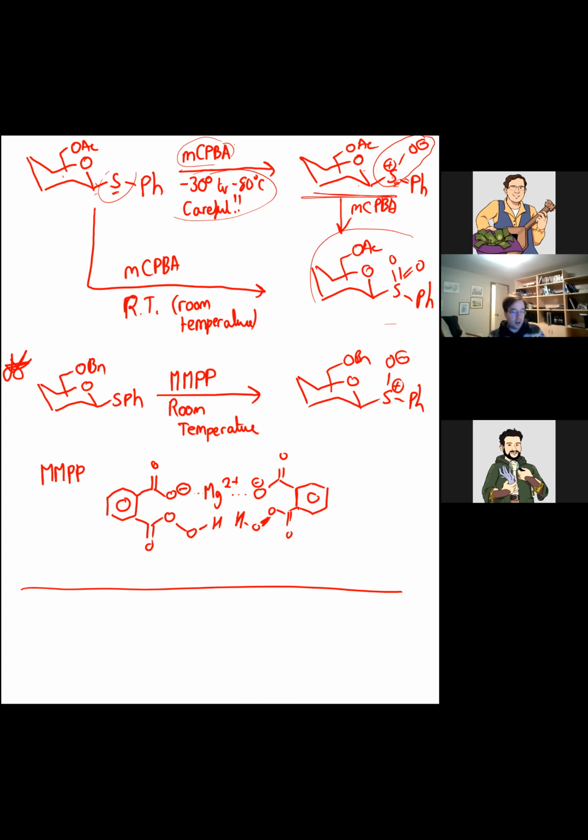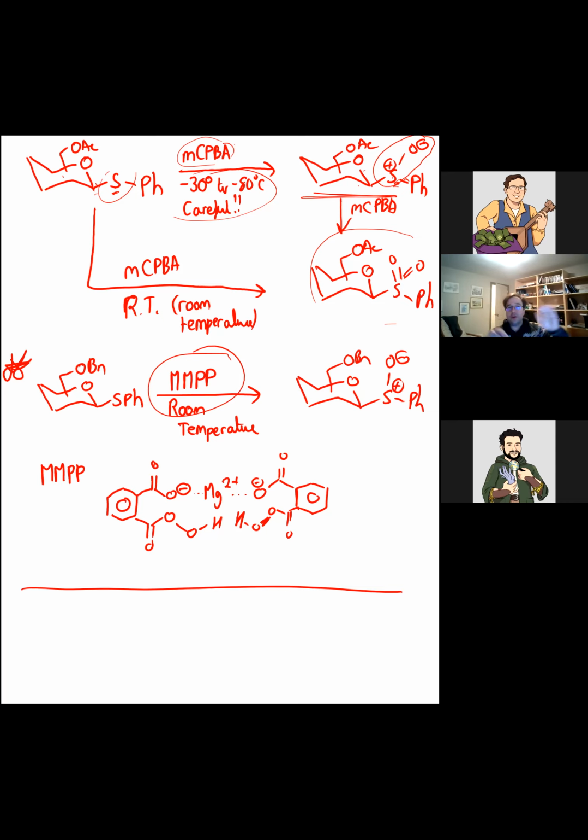So that's on the order of 2 to the 10 difference in reaction rate, which is quite significant. So it's probably really, really fast at minus 30. You start worrying about over-oxidation. At minus 80, the damn thing probably just crawls along really, really slowly. I've never actually done that because I've always used MMPP. Okay, thank you. If I'm using mCPBA on this, I'm just letting it rip and taking it all the way to the sulfone.